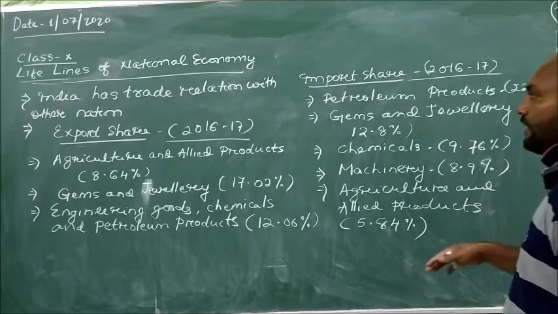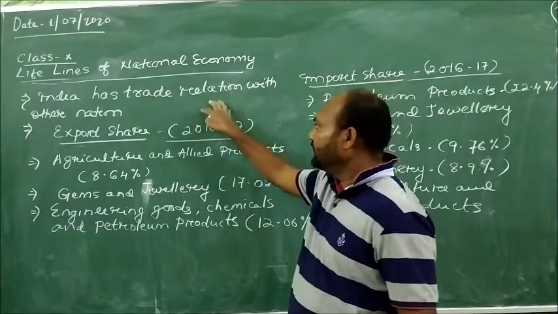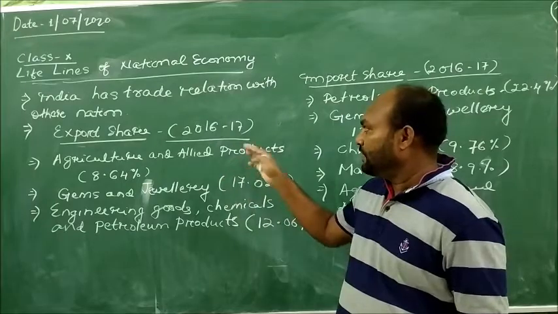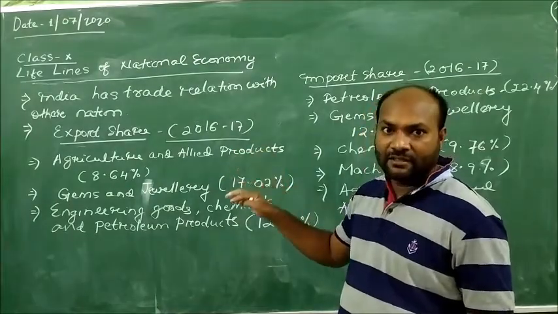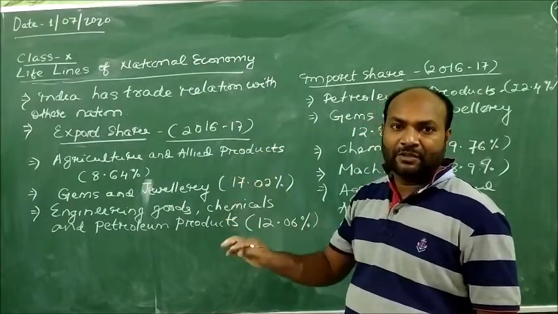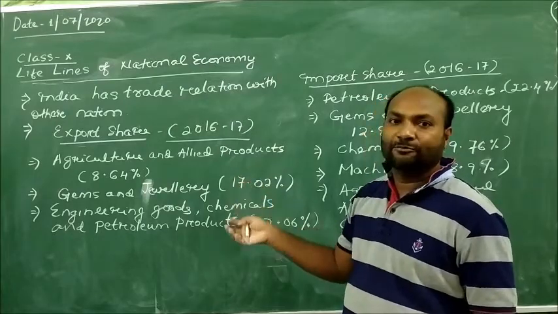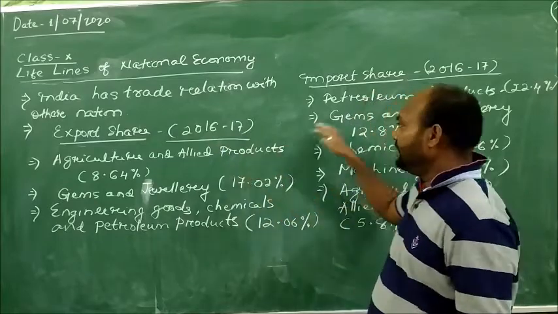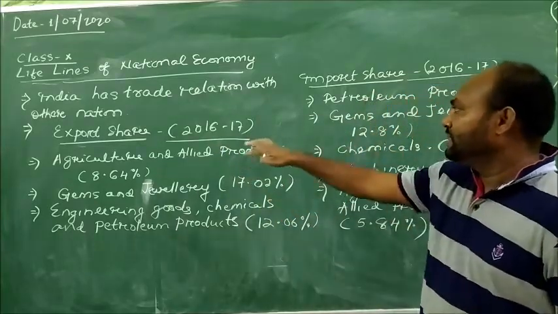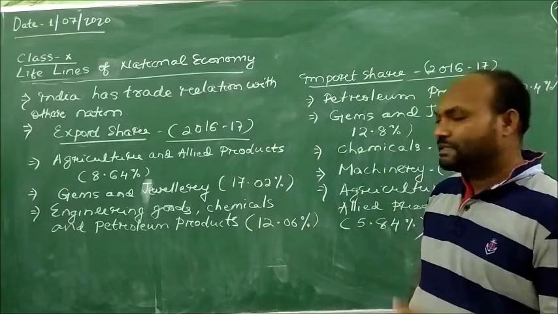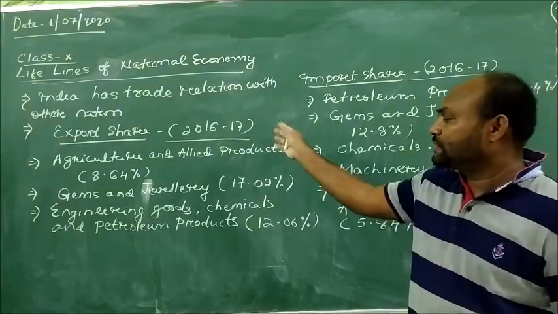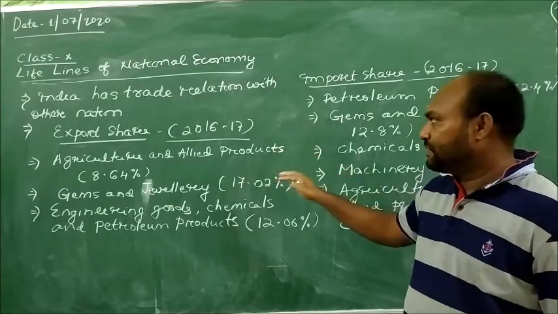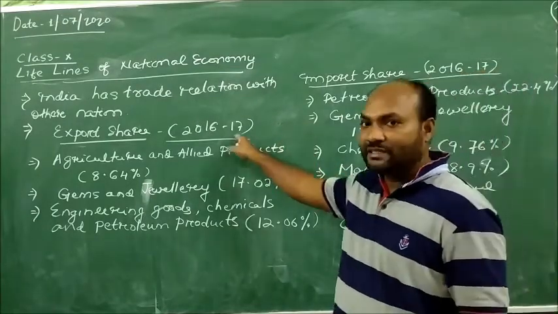So dear children, as we are discussing all about the trade relations between nations, we understand that when trade activities happen between two nations, we give more importance to export activities as well as import activities. Here we see the data taken in the year 2016-17.